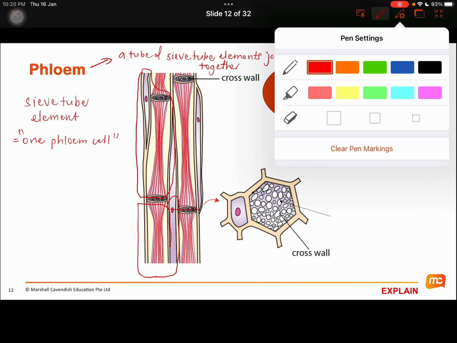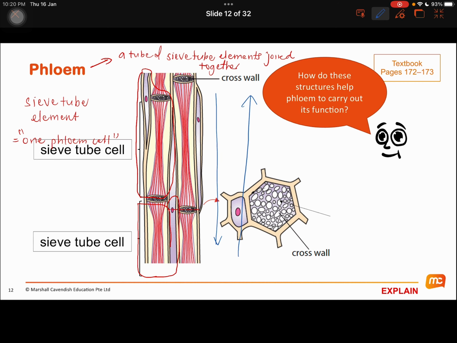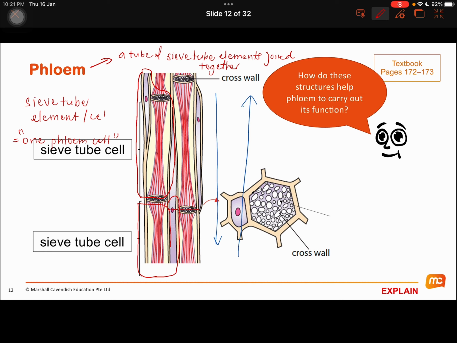And unlike xylem that transports water and mineral salt from the root all the way up to the rest of the plant, phloem is able to transport food in both directions depending on where the leaves are located and where the demand of food is. Sieve tube element or sieve tube cell can be used interchangeably, but usually we go with sieve tube element.